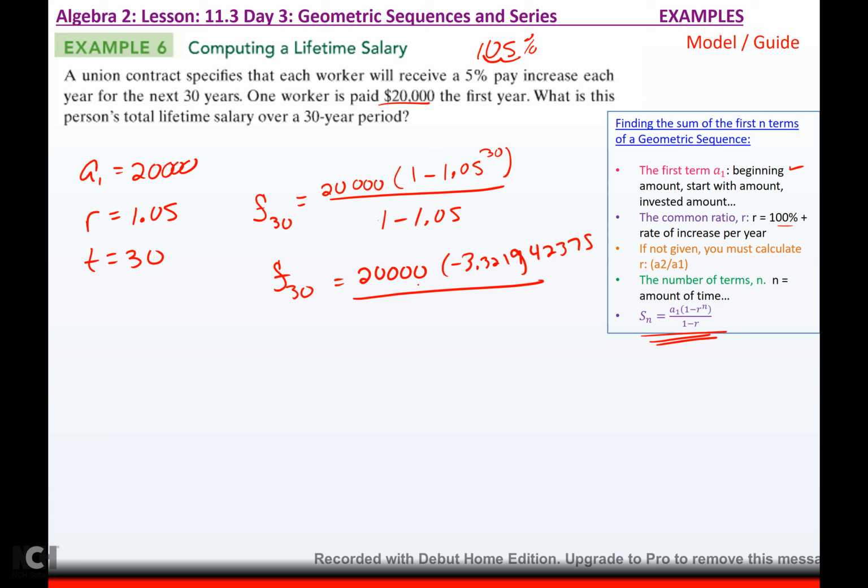3.321942375. Again, I'm nervous about rounding. 1 minus 1.05 on the bottom is negative 0.05.